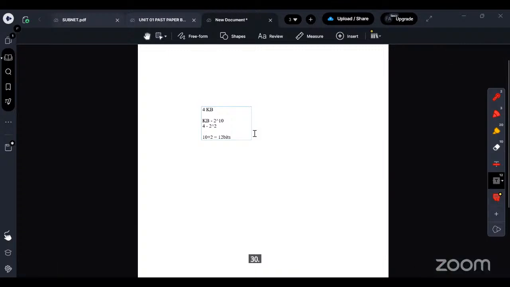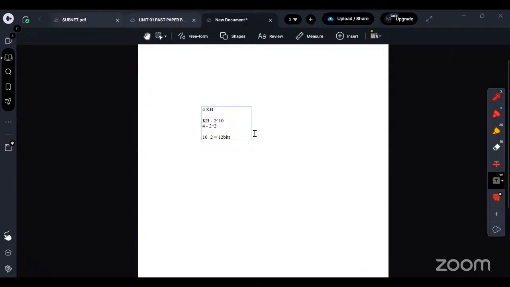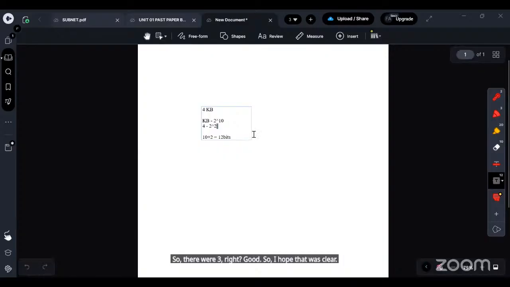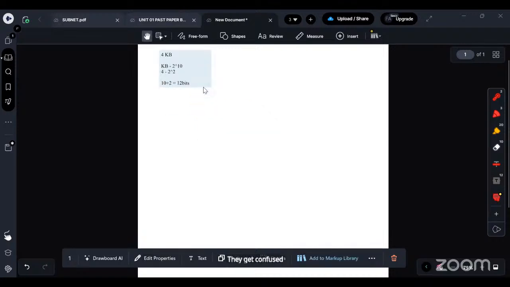And the next number they are giving, if it is 4 or 8, means 2 to the power... if it is 8, 2 to the power what? 2 to the power 3, right? Good. I hope that was clear. All clear, right, guys? Some people in memory management get confused here.